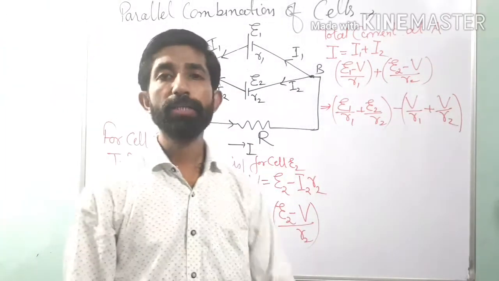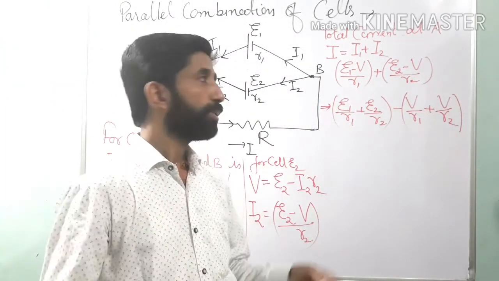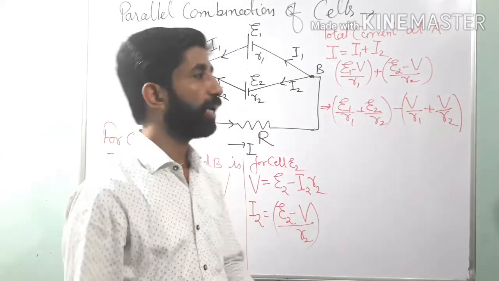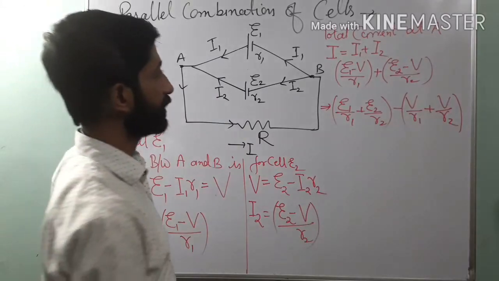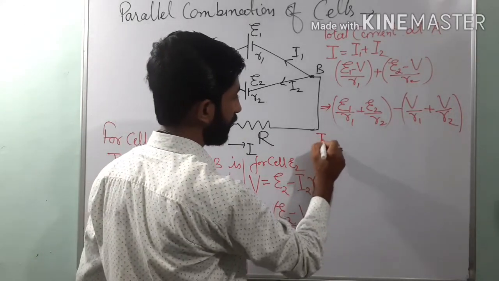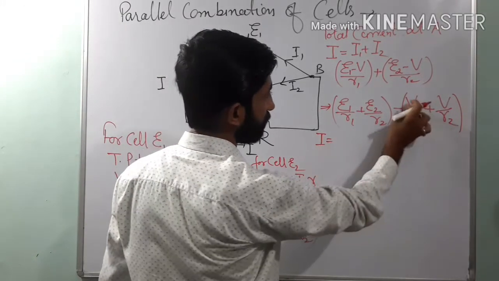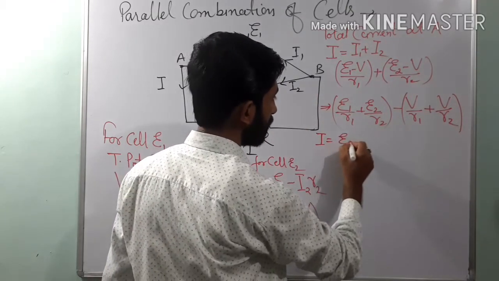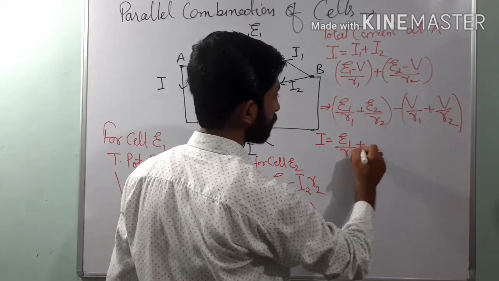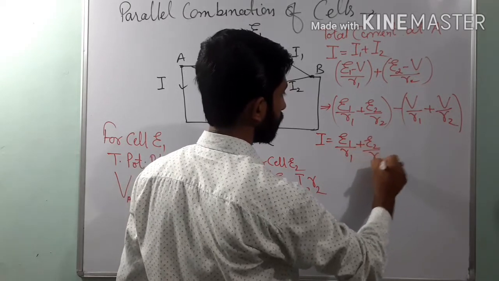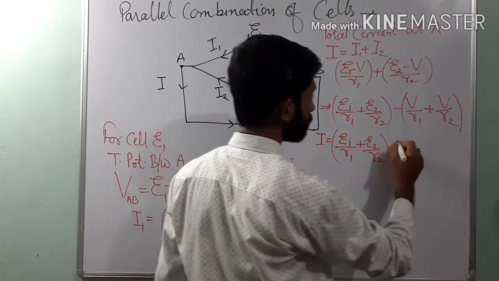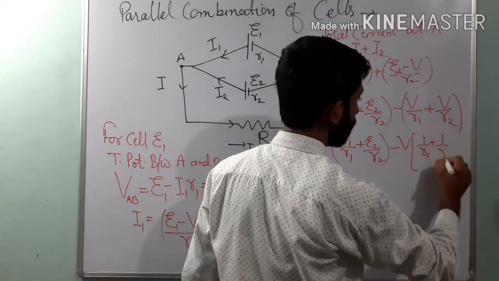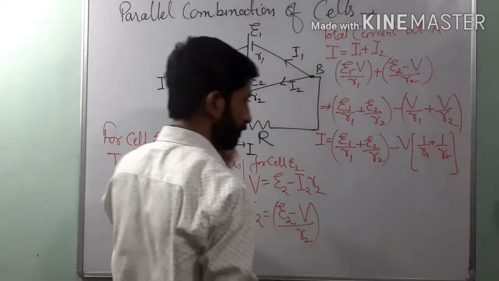You need only to understand and do the simplification using simple mathematics. No need to use higher mathematics or higher calculation. So this is again I equals to, now V is common in the two terms, so we can take it out and it becomes (E1/R1 + E2/R2) minus V(1/R1 + 1/R2).